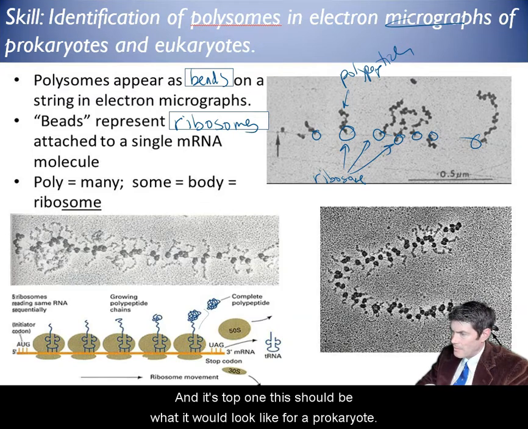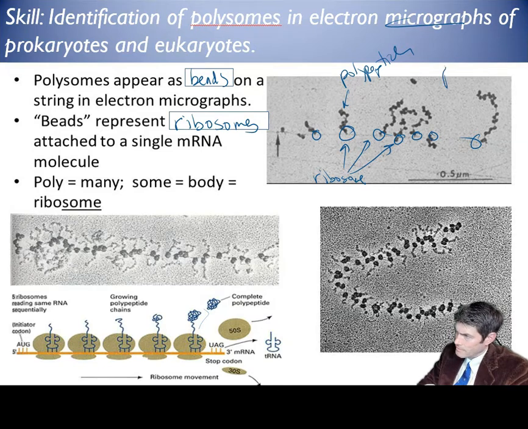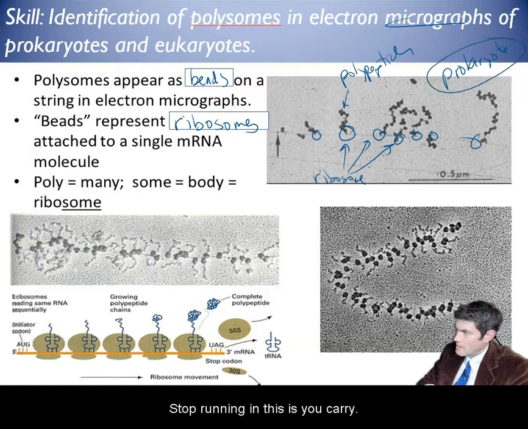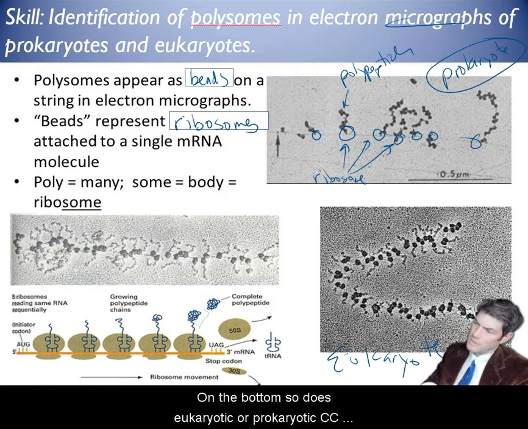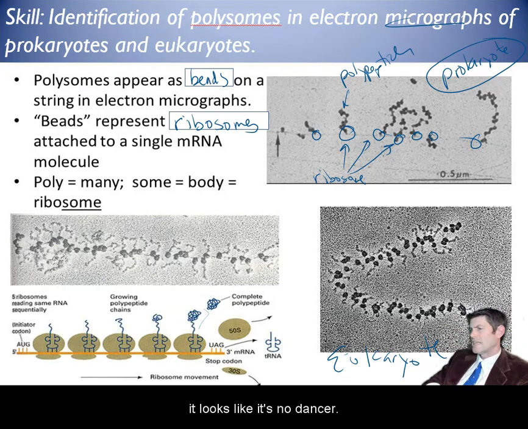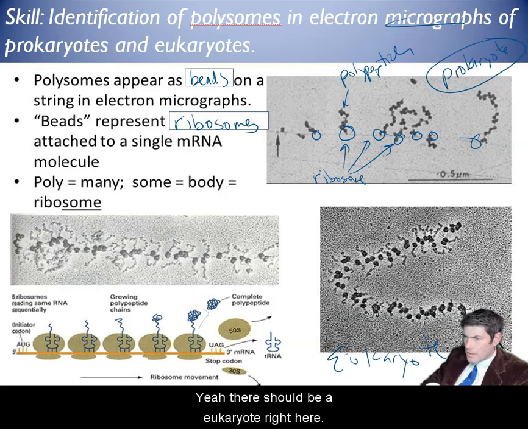Okay, and this top one would be what it would look like for a prokaryote. And this on the bottom is eukaryotic. So you see, it looks like it's a little denser. This would be a eukaryote right here.